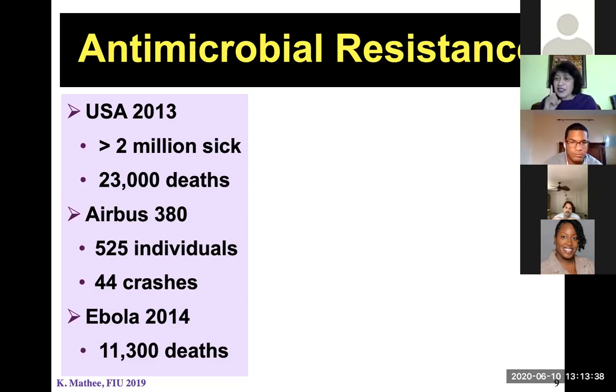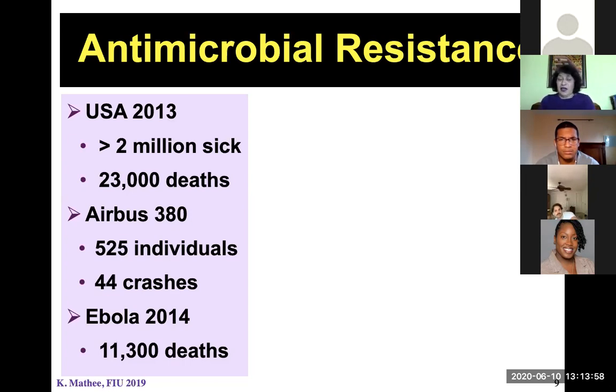When we have one crash, we hear about it all week long, 2 weeks long, and then it dies down. And there are 44 crashes, literally about one crash a week in this country, and nobody is talking about it, right? Or very few people are talking about it.